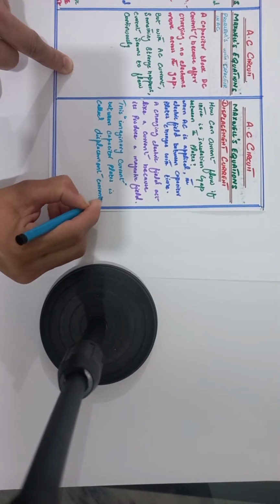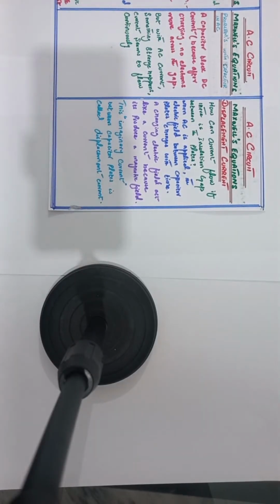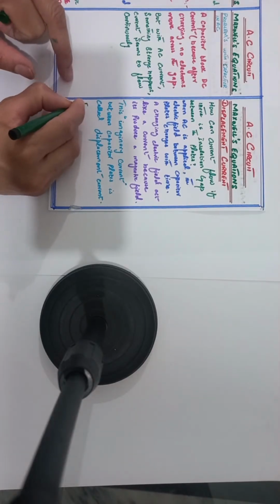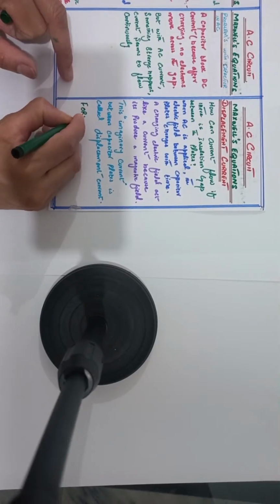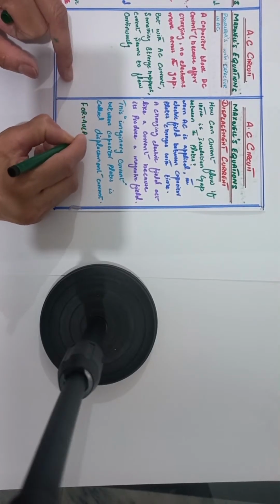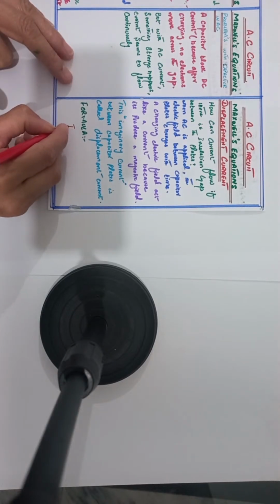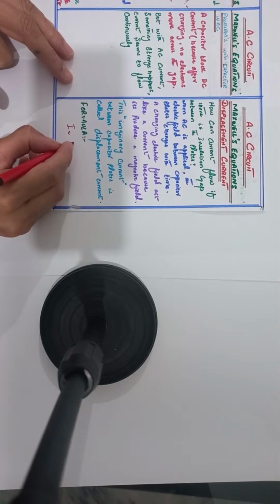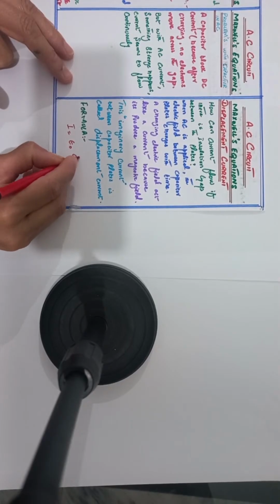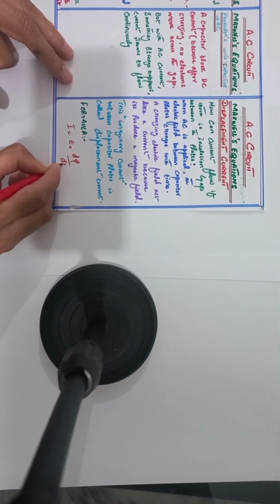Now we write about the formula of the displacement current, how it is produced in the capacitor plates. The formula is I equals epsilon naught d phi over dt.